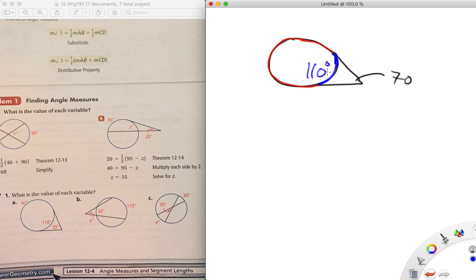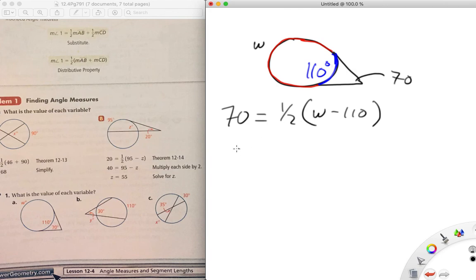But I'll do it with that equation. So this is the angle, measure of the angle here. So 70 equals 1/2 the measure of, they call it W, W minus 110.